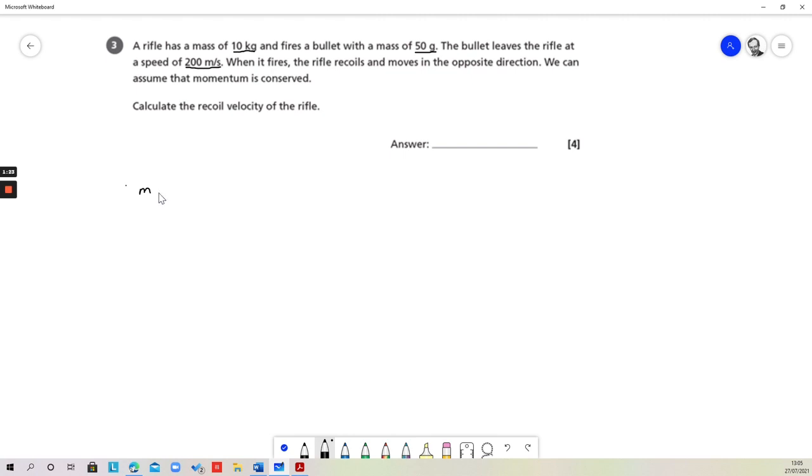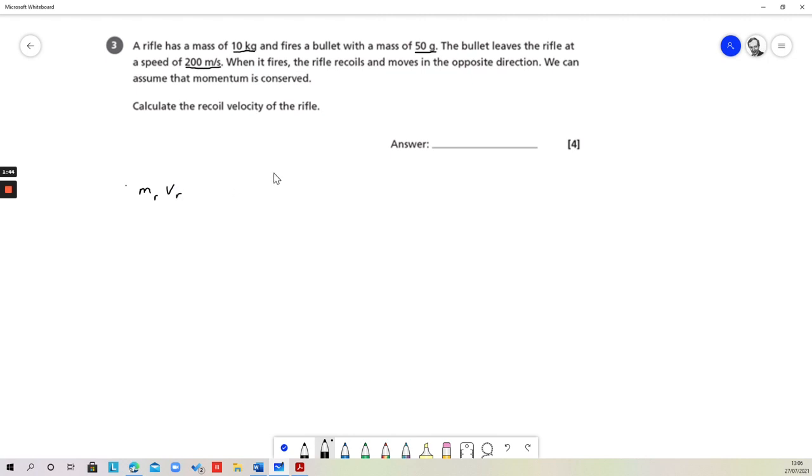The way that we calculate momentum is mass times velocity. So the way that we're going to do this is on the left hand side to refer to the rifle. So we'll put M and then a little r, a suffix r there, to indicate that we're talking about the mass of the rifle, and the velocity of the rifle.